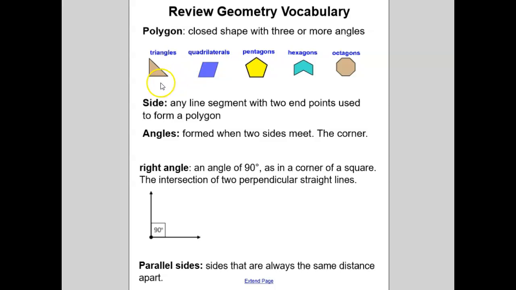Yes, triangles have 3 sides. Quadrilaterals have 4, pentagons have 5 sides, hexagons have 6 sides, and octagons have how many?